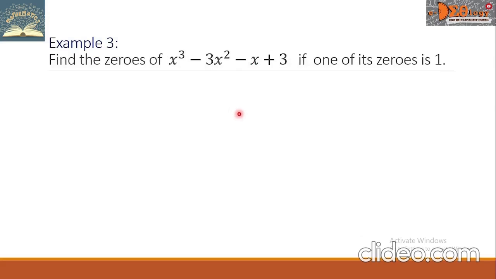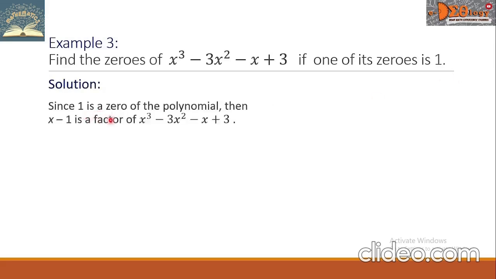Example 3. Find the zeros of x cubed minus 3x squared minus x plus 3 if one of its zeros is 1. Since 1 is a zero of the polynomial, then x minus 1 is a factor of x cubed minus 3x squared minus x plus 3.